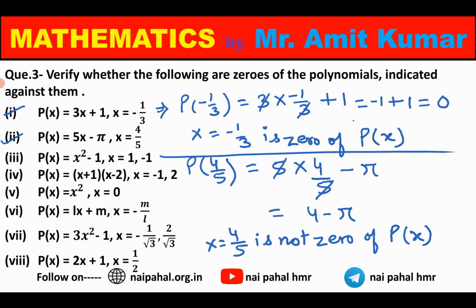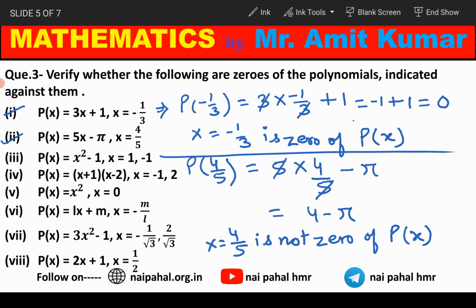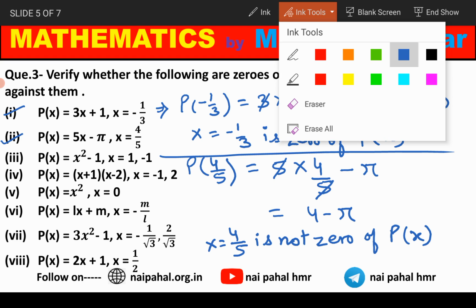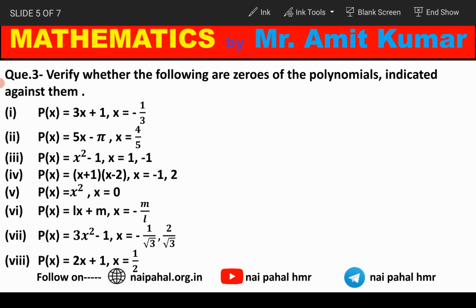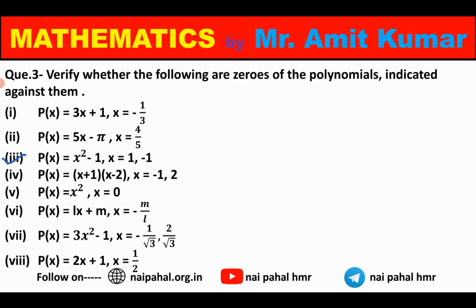Let's move on to the third part, where we have Px is equal to x square minus 1 and the values of x are given as plus 1 and minus 1. So first we will check for the plus 1.